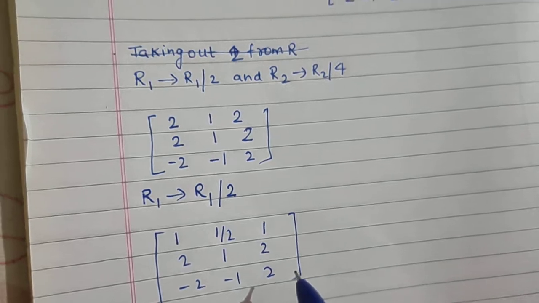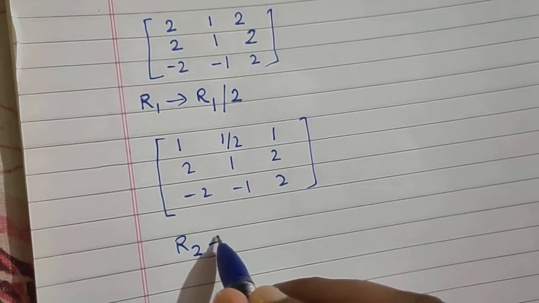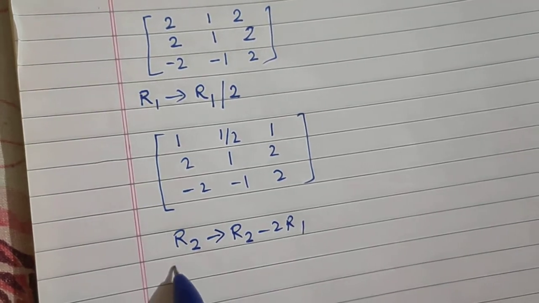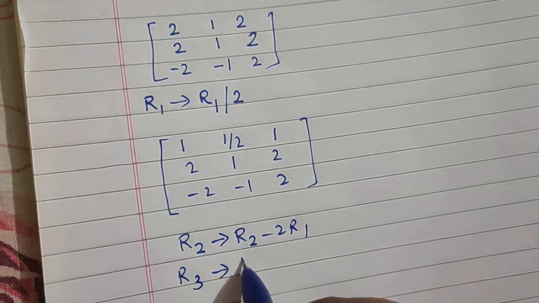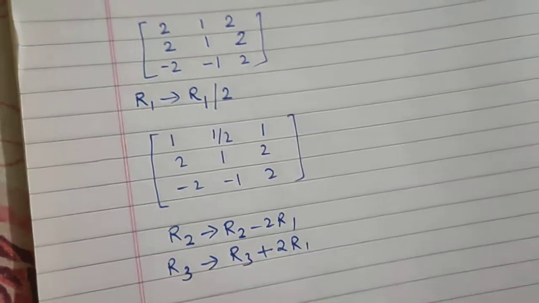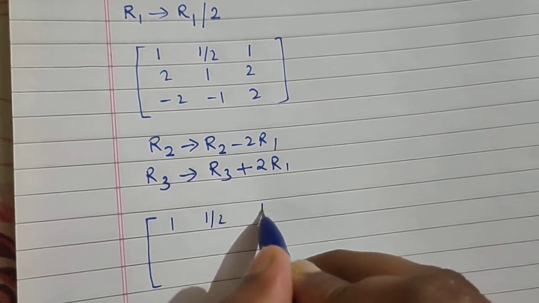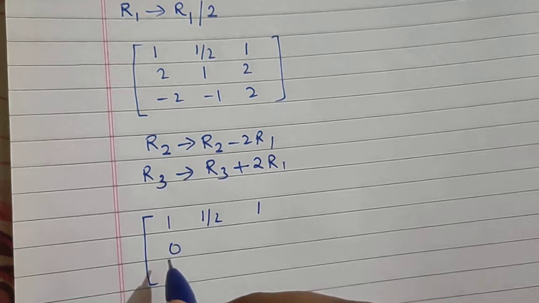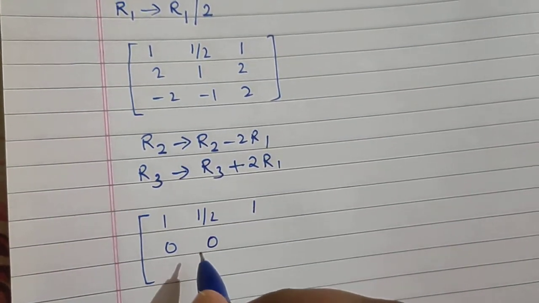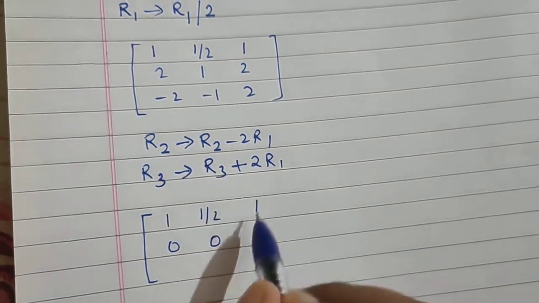and 2. Now I can use operations, R2 to R2 minus twice R1, and R3 to R3 plus twice R1. So this converts to 1, half, 1, this is 0, twice of this is 1, 1 minus 1 is 0, twice of this is 2, 2 minus 2 is 0.